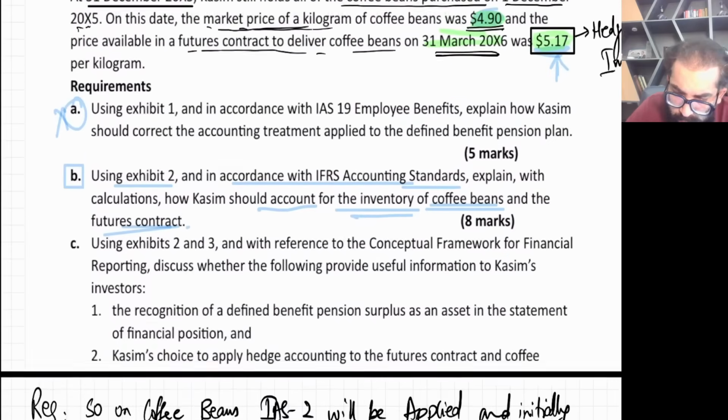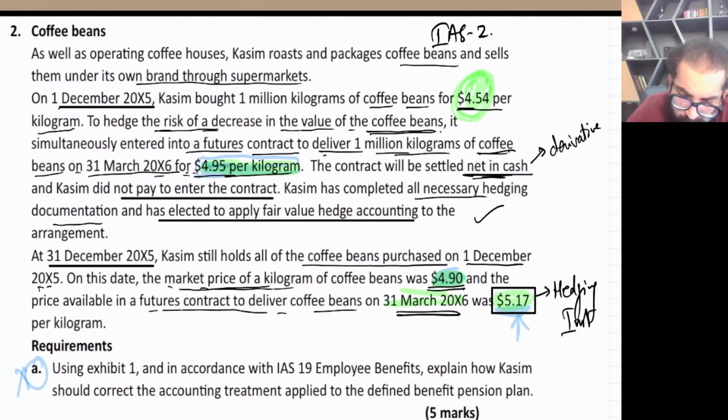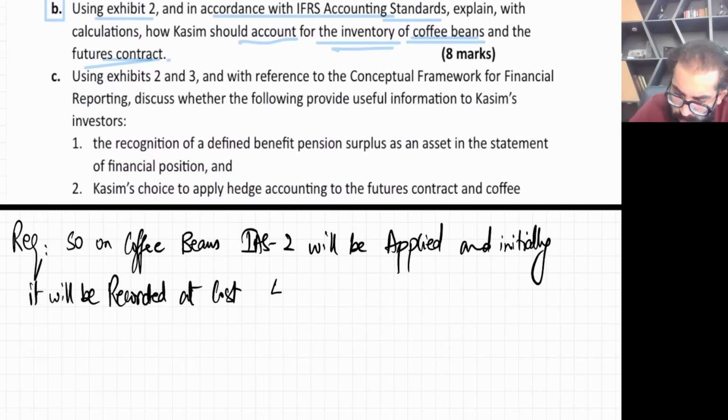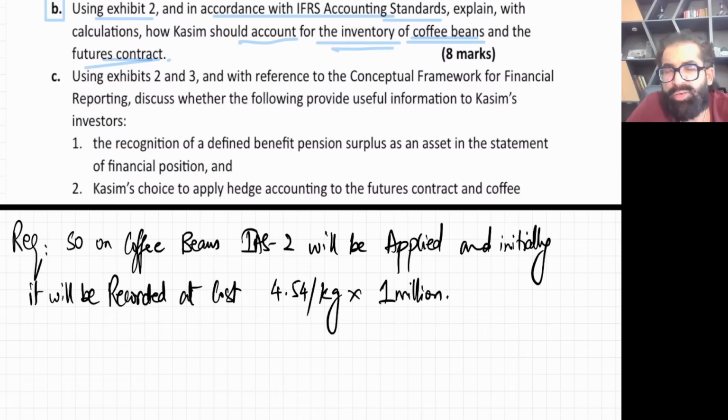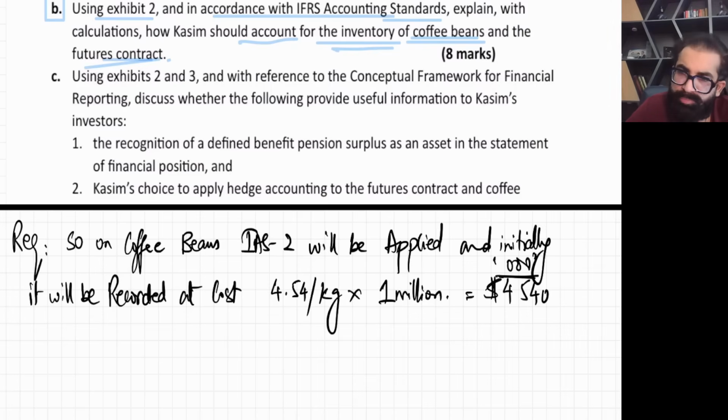And what is the cost? The cost is 4.54 multiplied by 1 million. In 1 million there are normally 6 zeros, but we remove 3 zeros, so it will be 4540, and you keep 3 zeros on the top. Okay, so this is the cost.